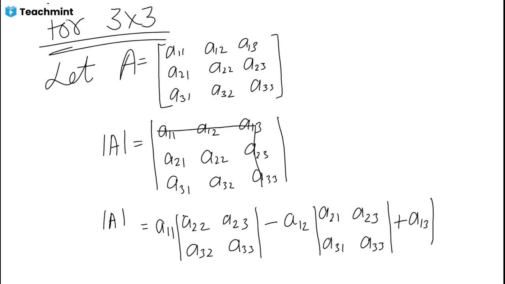Just leave the elements of first row and third column and write down these elements: A21, A22, A31, A32.